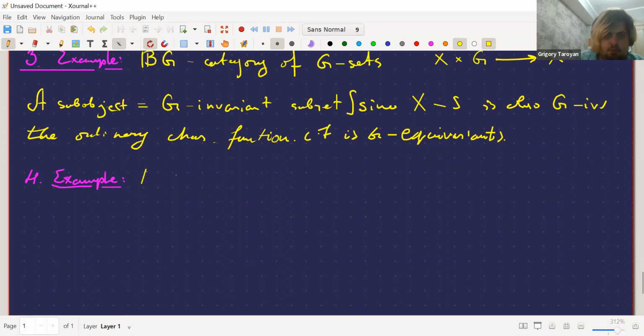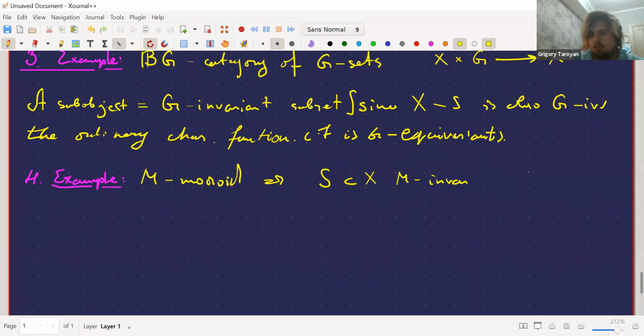So if we consider M a monoid, then we cannot say that the complement of an invariant subset is necessarily invariant itself. For example, S invariant does not imply that X without S is invariant.